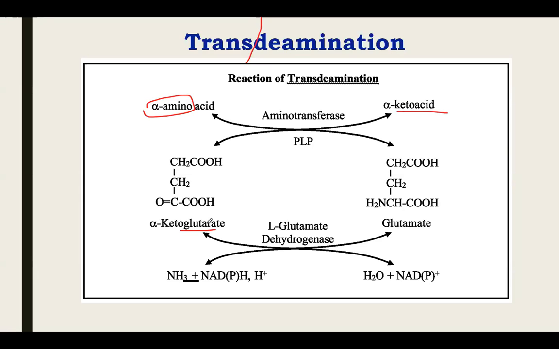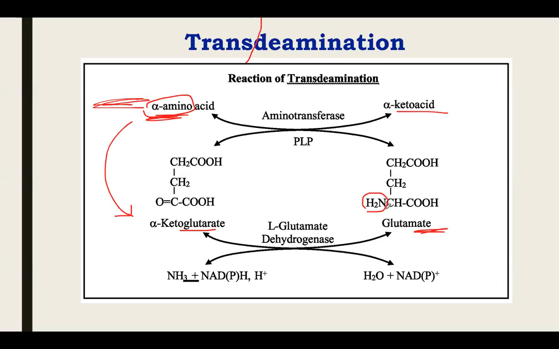When alpha ketoglutaric accepts the amino group from this amino acid, it is converted into glutamic. So there is exchange of the amino group. This amino acid gives the amino group to alpha ketoglutaric, and then alpha ketoglutaric is converted to glutamic.